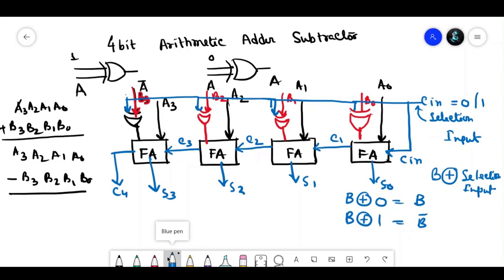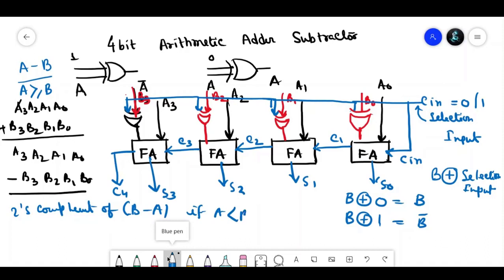That means in the A minus B operation, if A is greater than B we get the result directly, otherwise the 2's complement of B minus A if A is less than B. For signed numbers, the result is A minus B, provided that there is no overflow. Okay, so in this case, the subtraction is being done.